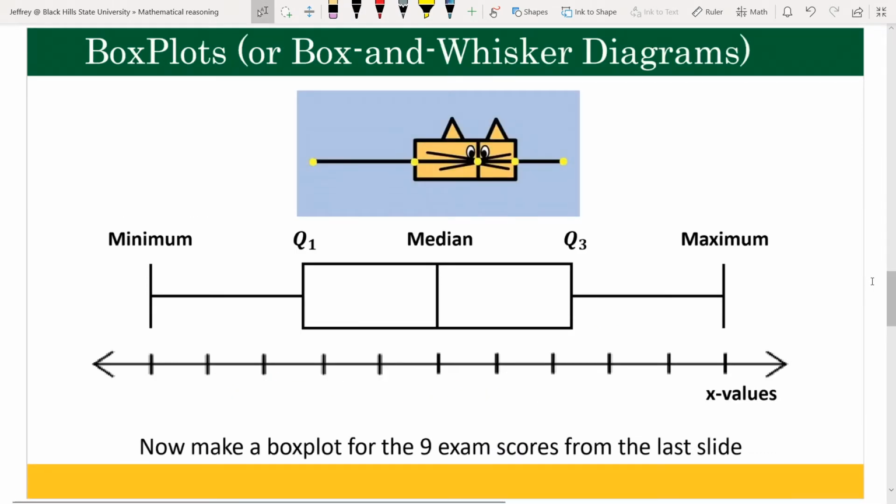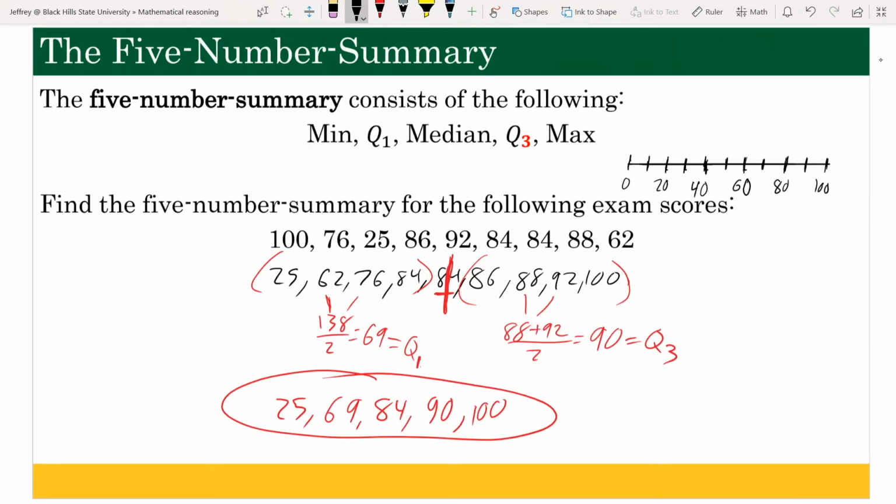So what can we do with these 5 numbers? With these 5 numbers, we can make a box plot. The box plot gives us a way of figuring out what our spread is. So I'm going to draw the box plot for this data set. I'm going to look and see where 25 is. That would be about right here.